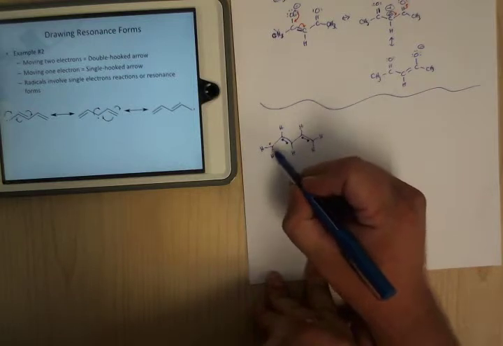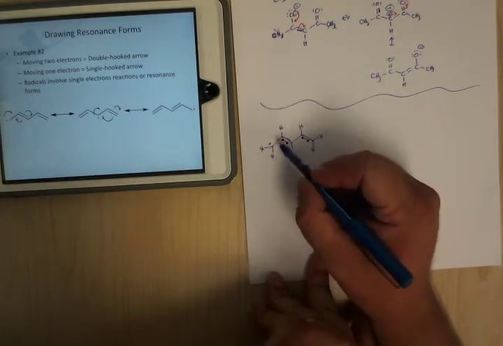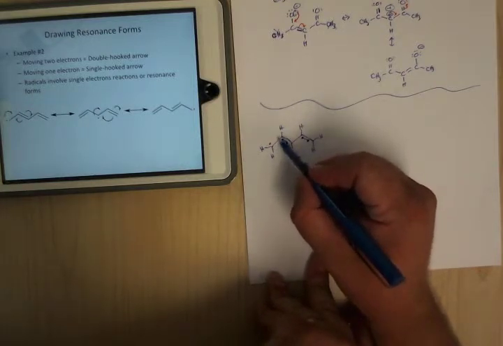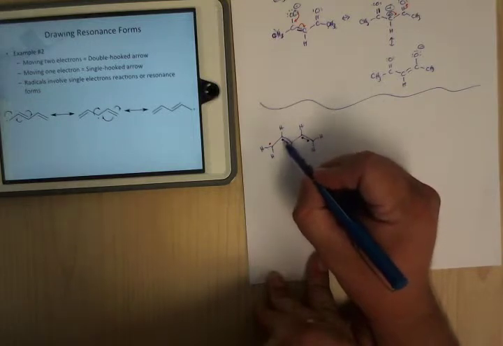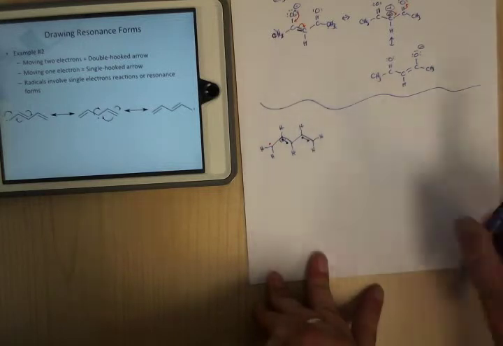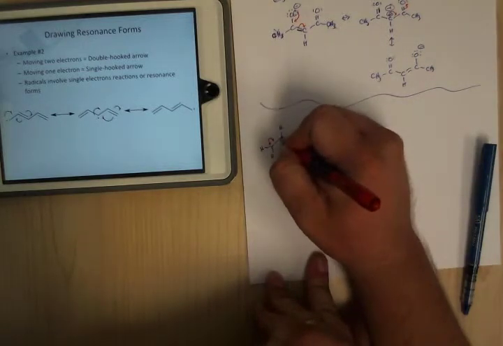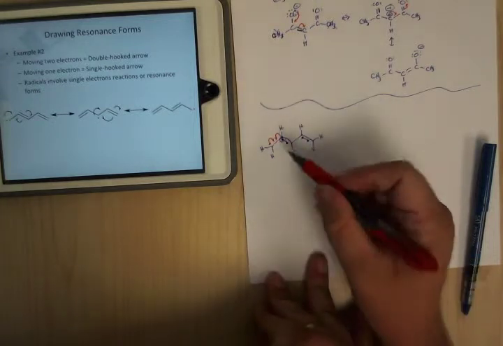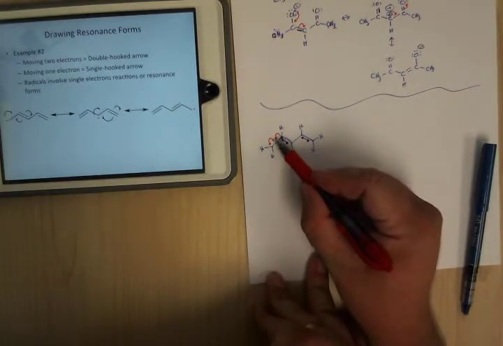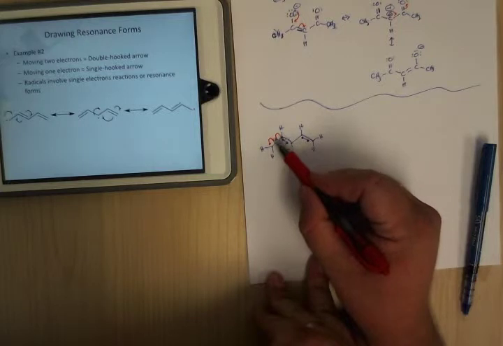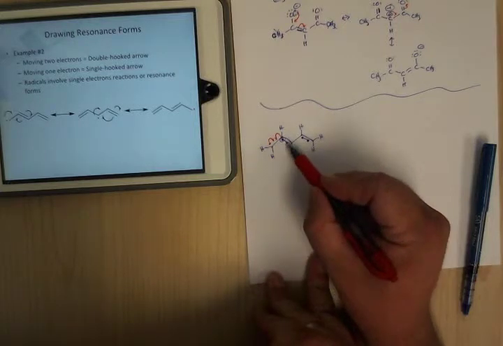Okay, this one only has 3 bonds. It wants to have 4. So it would really like to put a second bond here, but it doesn't need both of these electrons. It really only needs one of them. So what we do is we say, I'm going to mix this 1 electron with this 1 electron here. We only did single barbs to show that. Now we've got a bond here from this electron and that electron. So where does this go?